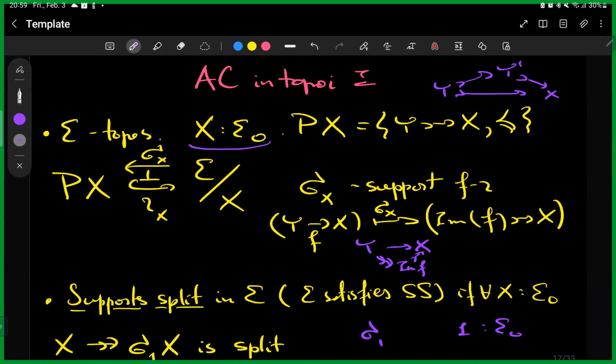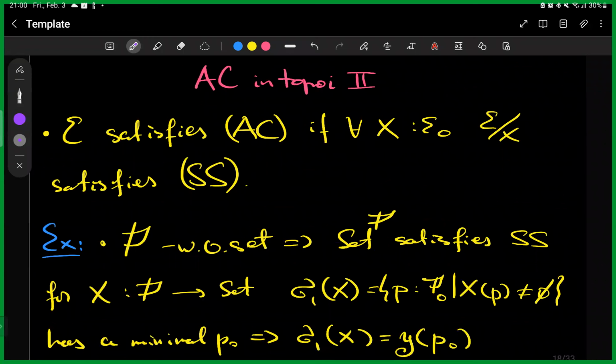And by definition, we always have an epimorphism from X to sigma 1 of X. And obviously, the term split epimorphism means that we have a section for this epimorphism, and moreover, the domain of this epimorphism splits as a coproduct of, for example, an image of this section and something else. Okay.